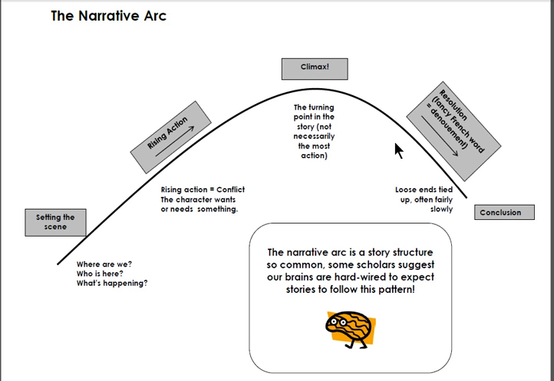And even if it seems like it, if you analyze the story very carefully, there are going to be things that lead up to a conclusion. And the loose ends are tied up in this resolution, often fairly slowly, and then it comes to an ending.